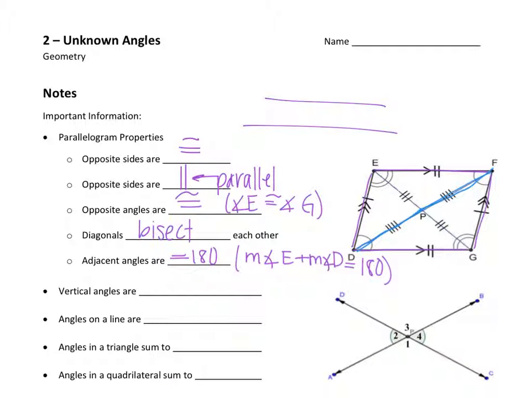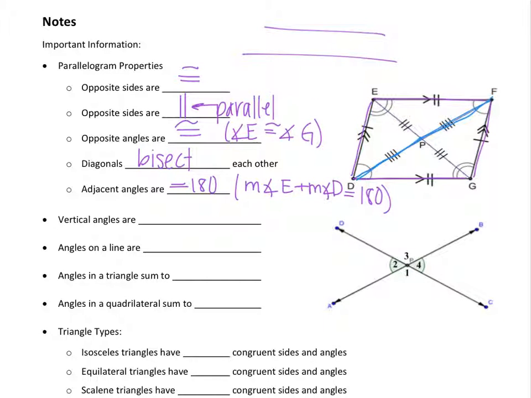Next we have vertical angles, angles on a line, angles in a triangle, and angles in a quadrilateral. So these first two, vertical angles and angles on a line, are demonstrated in the picture to the right. Vertical angles are congruent. So this would be like angle 2 and 4. So if angle 2 is 40 degrees, so is angle 4.